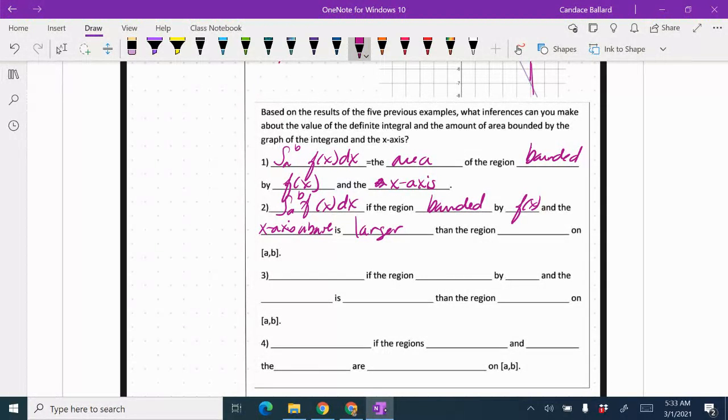So basically I get a positive integral if the region on the top is bigger than the region on the bottom.